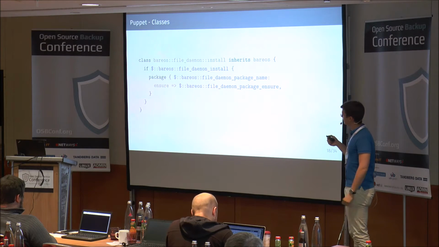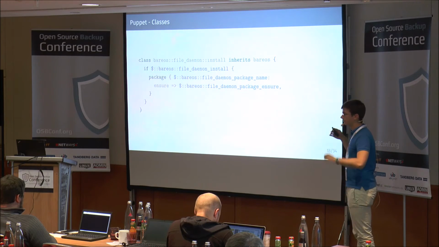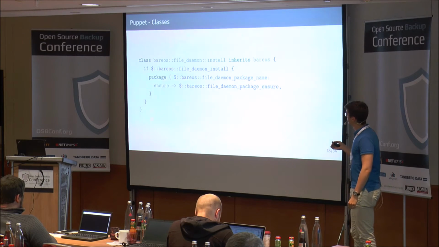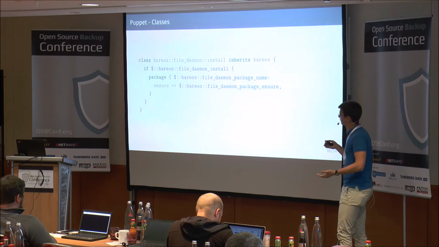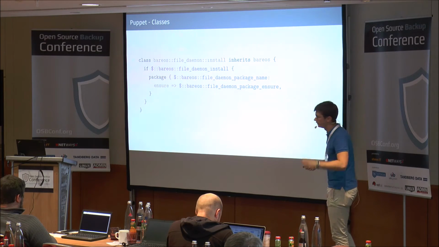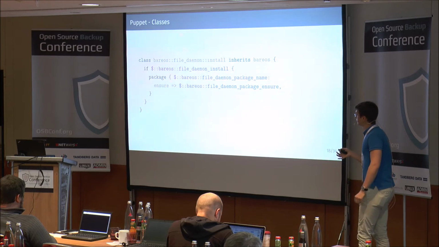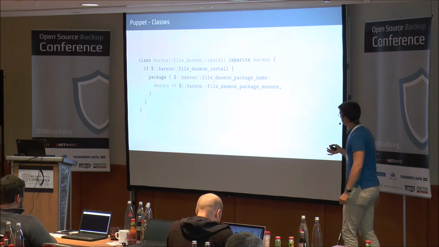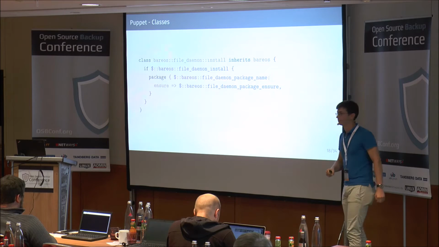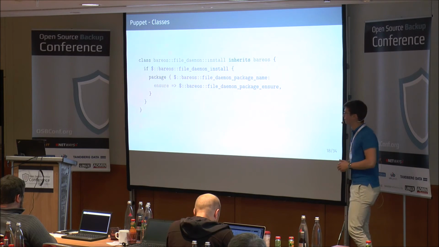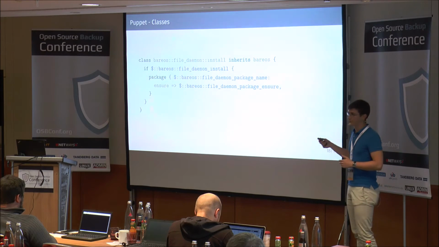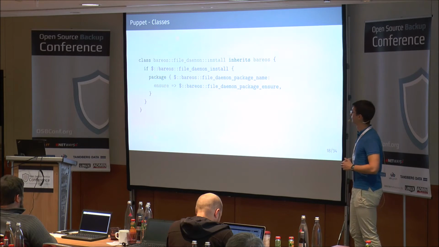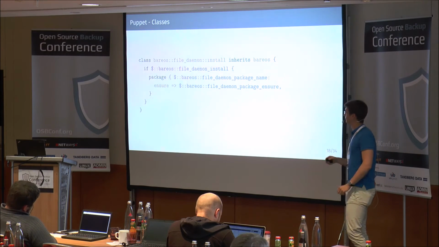And if it is configured in the module to be installing a file daemon, this is this variable, it installs a package whose name is in this variable, which is per default bareos-fd, and it is installed with the ensure value, which is saved in this variable, which is per default latest, I think. This means the latest version of the Bareos FD is installed, which is in the package repositories of this system.